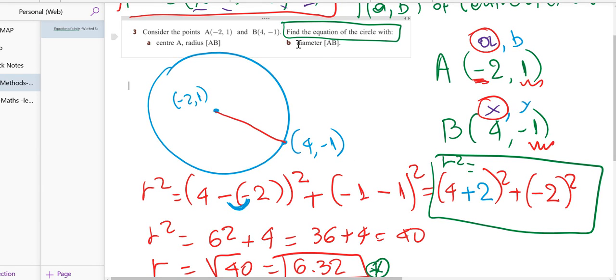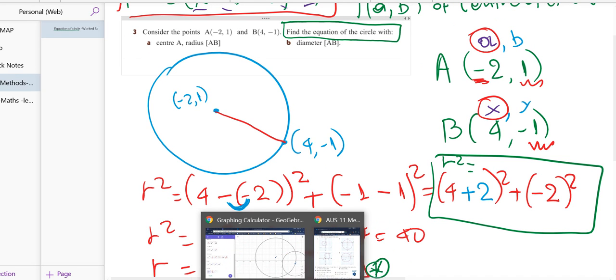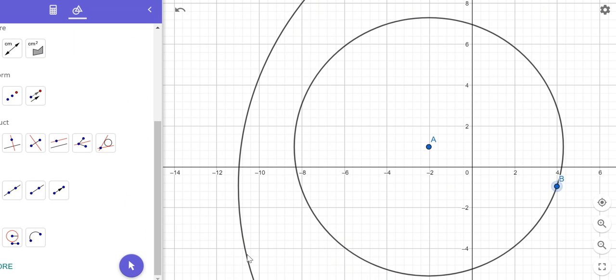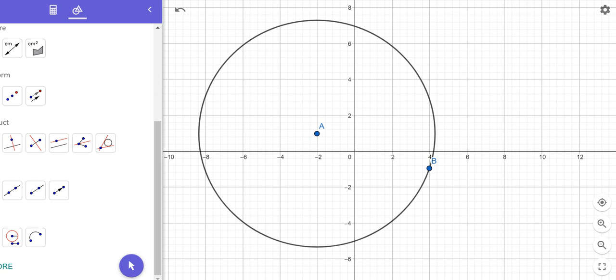In this exercise, they ask you to find the circle with diameter AB. If I go back to the circle, remember what we have done? This was the radius AB, and now they want the circle where the diameter is AB.